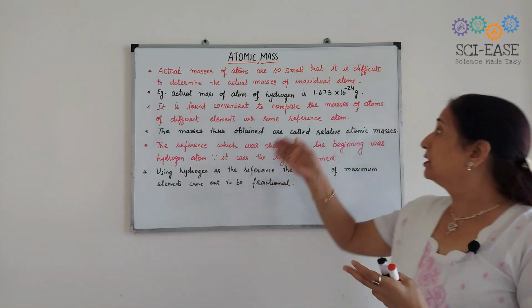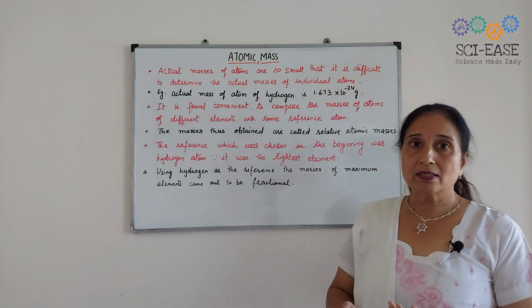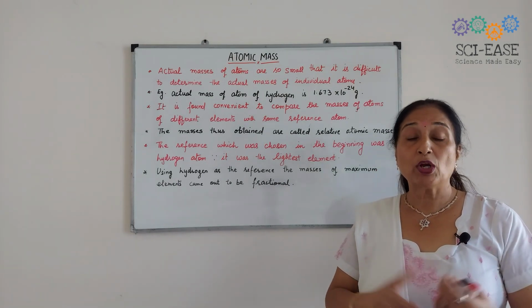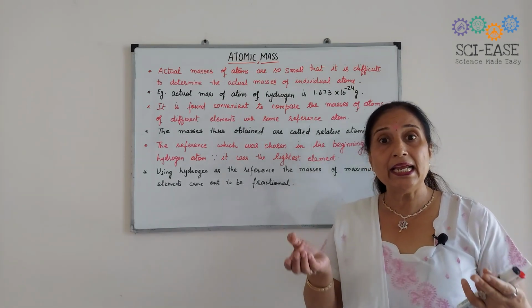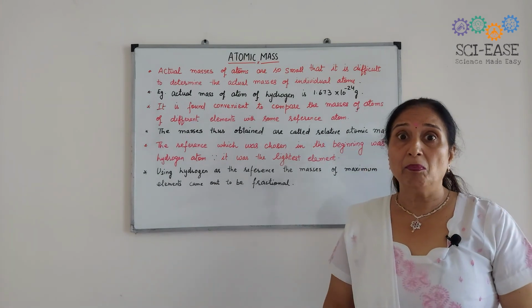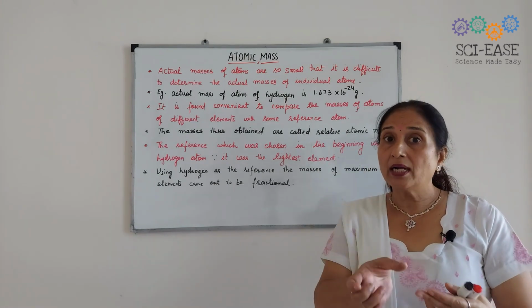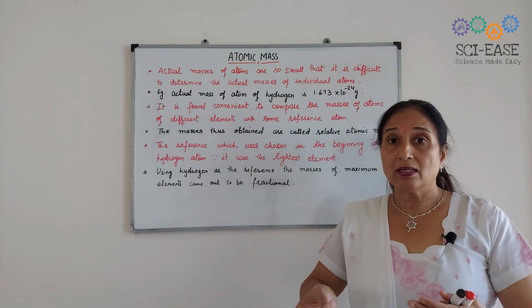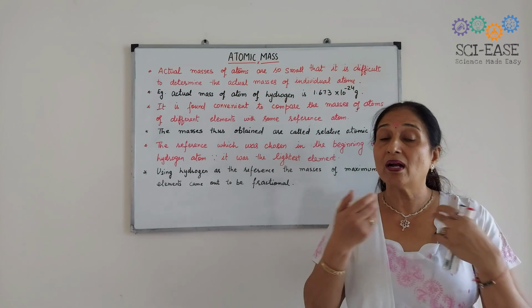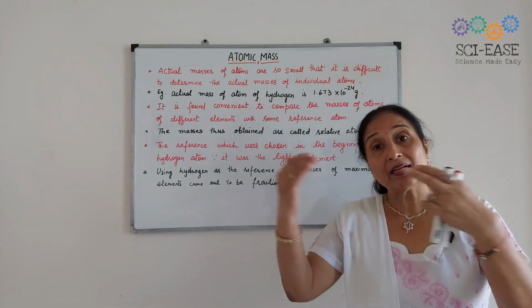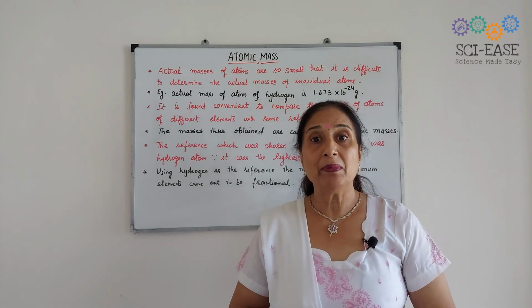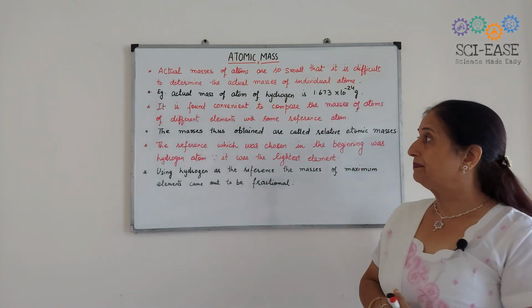And to remember such lengthy masses of each element is very difficult because you know that there are 118 elements in the periodic table. To remember the masses of the atoms of each element like this is not an easy task. We can't remember it. Even for the chemist, it's difficult to remember such masses.